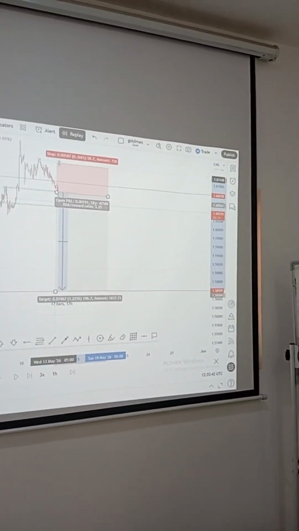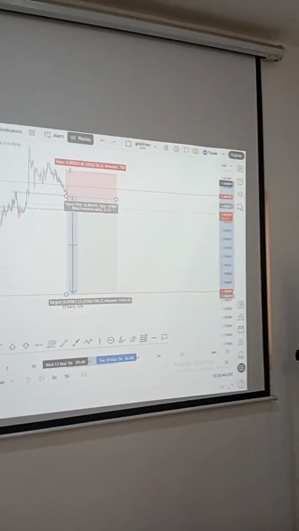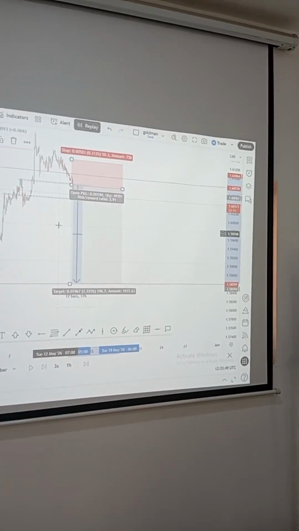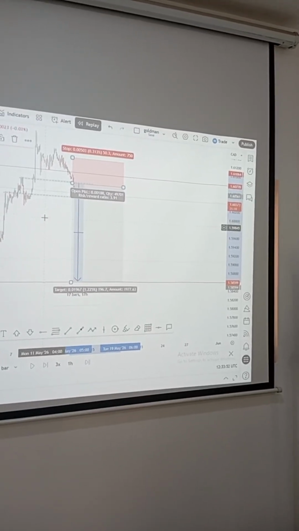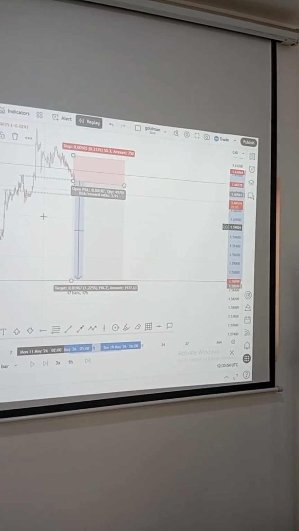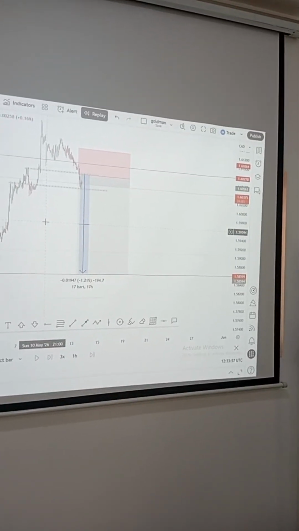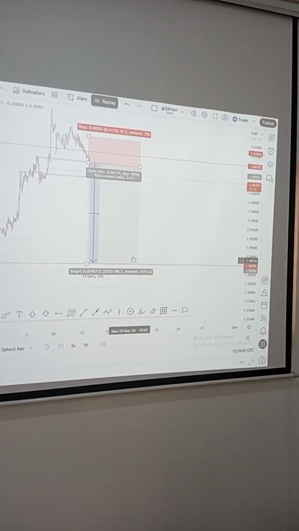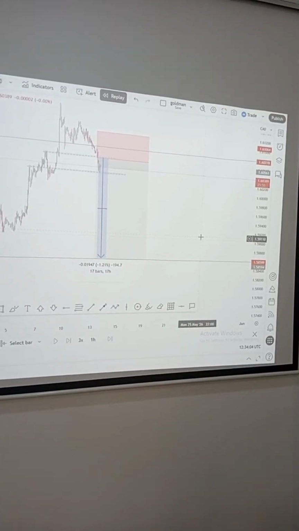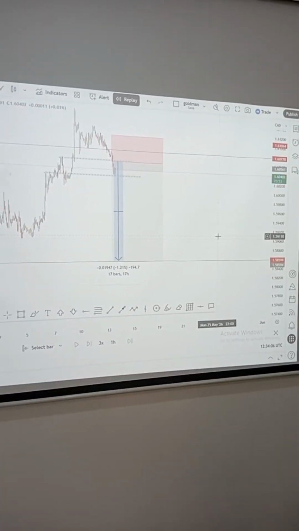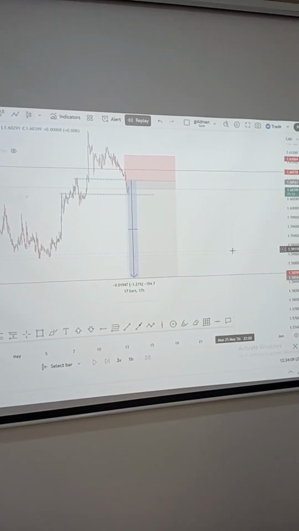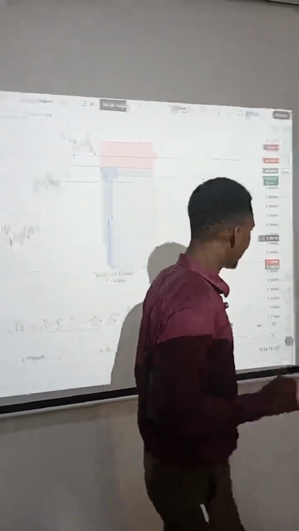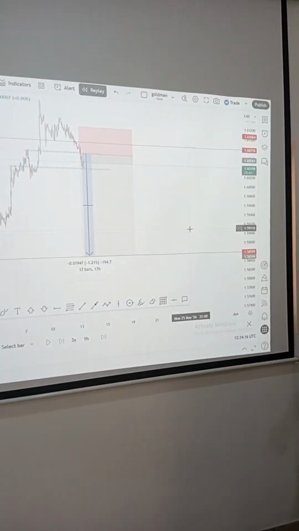Stop loss, let me keep it at 1.61064. Take profit 1.58594.